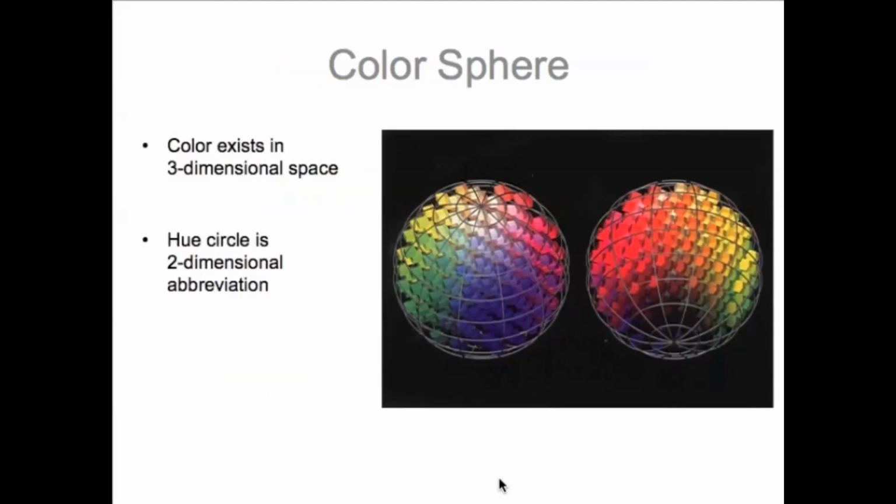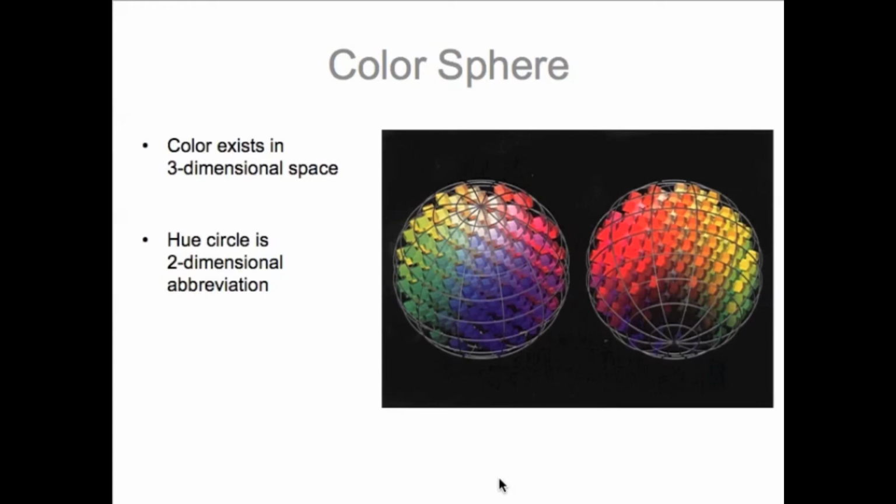One more thing to understand about color is that it does exist in a spatial understanding. A color circle, a hue circle or color wheel, is a two-dimensional systematic arrangement of color. Color exists in 3 dimensions. We have various factors or various criteria by which we pinpoint color within a space.